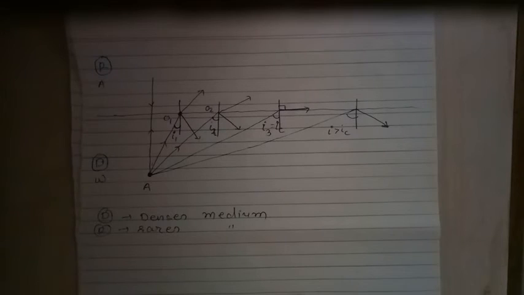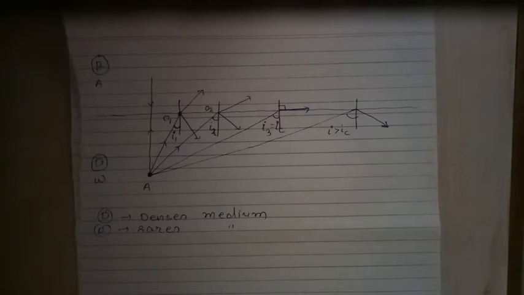Okay, I repeat. First of all, what is internal reflection? When light travels from a denser medium to a rarer medium, at the interface some part of the ray is reflected and some part of the ray is refracted.